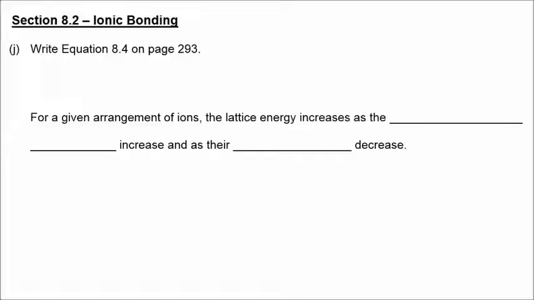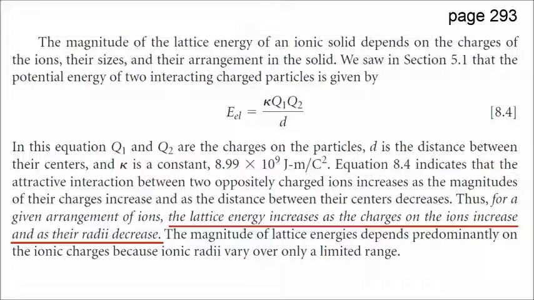Equation 8.4 on page 293, you've already seen that back in chapter 5. It has to do with the potential energy of two interacting charged particles. If we assume that Q1 and Q2 are the charges on the particles and d is the distance between them, and k is just a proportionality constant, then it shows us that when you have oppositely charged ions, the attractive force will increase as the magnitude of the charges increase and as the distance between the ions decreases.